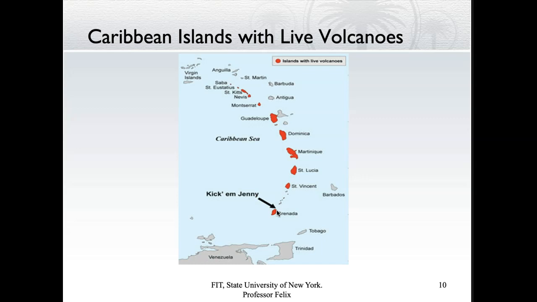In fact, I was there only a week ago, and we went up to the Grenadine Islands, which is the set of islands between Grenada and St. Vincent, and it was a very rough ride because we had to travel in that area where this Kick 'em Jenny volcano is, and it caused a lot of upset stomachs, and I almost had an emergency. In any case, this is a feature of the Eastern Caribbean region.